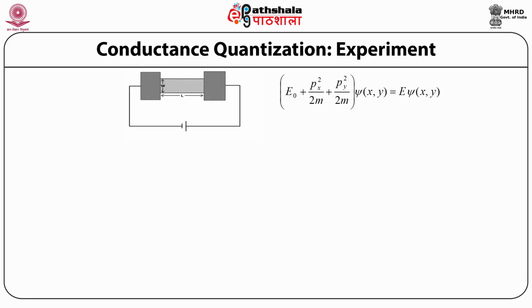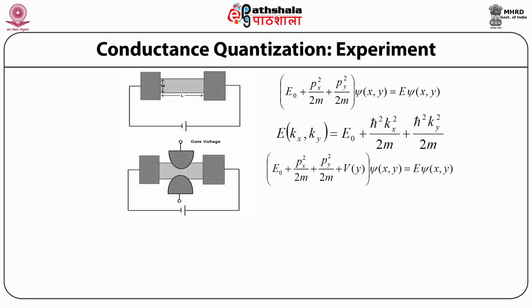And the energy eigenvalues are E as a function of kx, ky is equal to E0 plus h cut square kx square by 2m plus h cut square ky square by 2m. Now in this case, the energy is quantized along the z direction as the conductor is reduced from 3D to 2D.